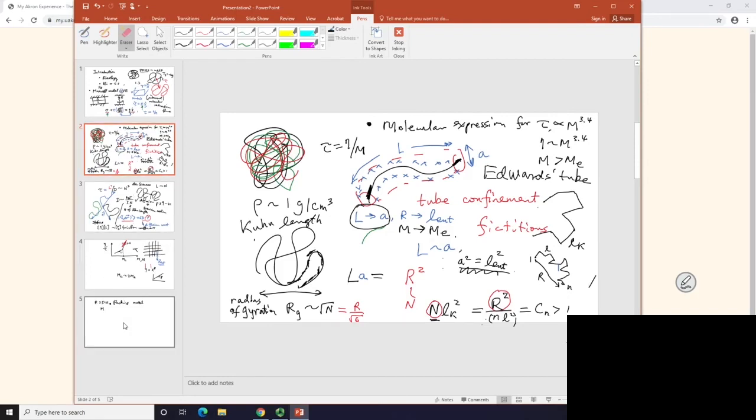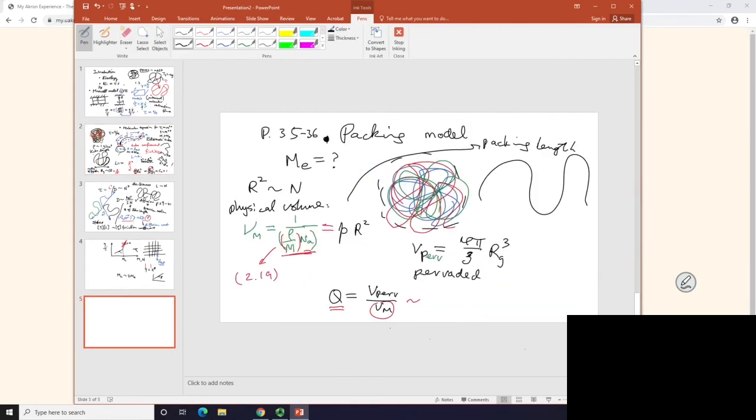Packing length is nearly just as important a concept as cone length. So if you are to learn polymer physics or molecular chains, this is the second critically important parameter. And it's hardly written in any textbooks, which is really very, very unfortunate. Okay, be my guest. You will appreciate what P is anywhere it appears again.